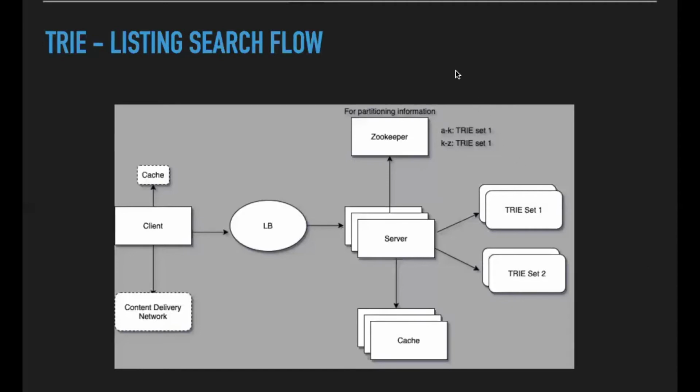So let's start from the client. A client could be a browser, mobile, or any other device wherever search is possible. You fire a query, it will go to the load balancer, obviously, because now you have multiple servers serving your traffic, since 60,000 per second is definitely not good to be served by a single server.